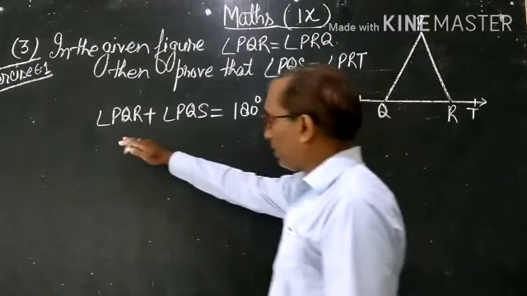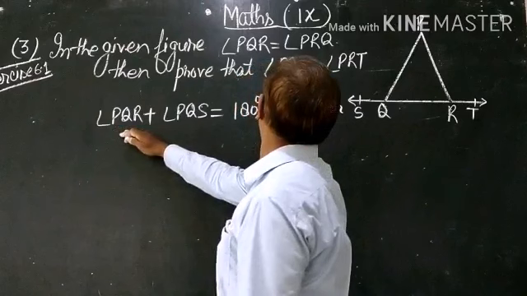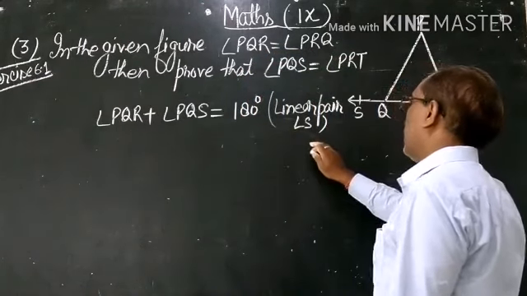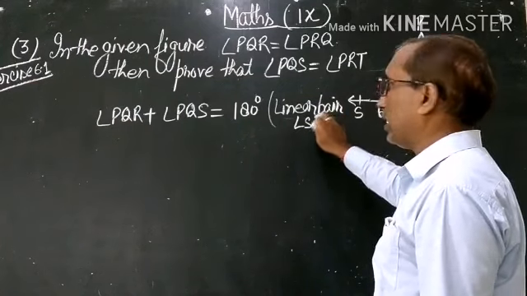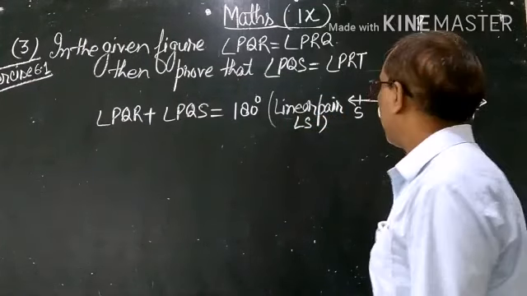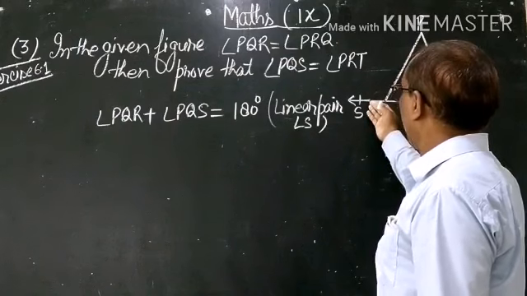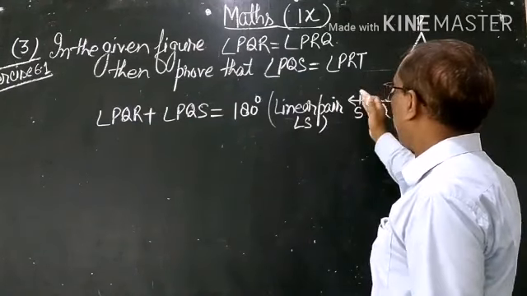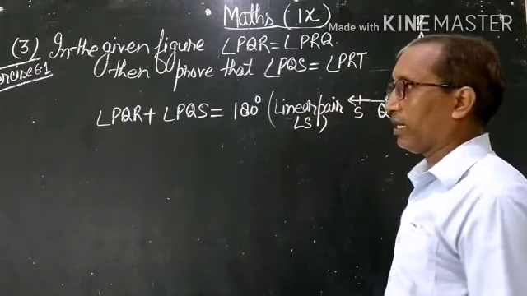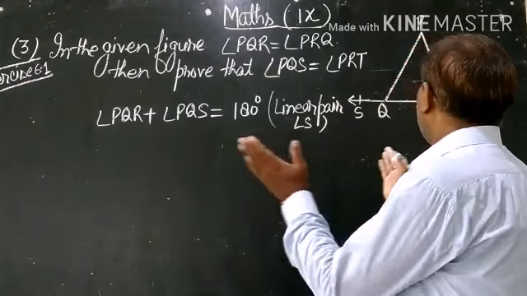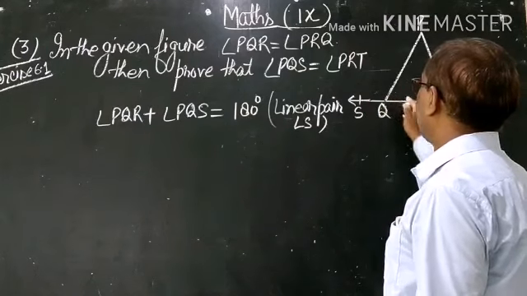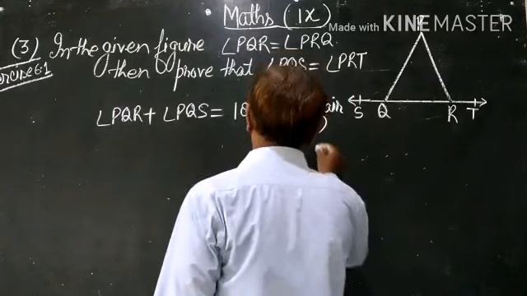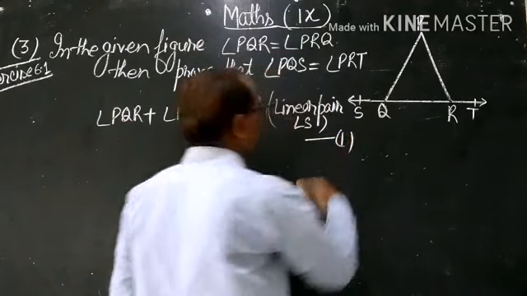Therefore, I write here angle PQR plus angle PQS is equal to 180 degree by the property of linear pair angle, because non-common arms of these two angles are opposite to each other and make a straight line. This is your first equation.